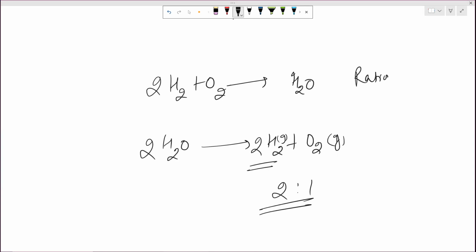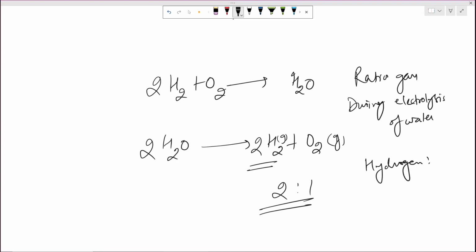Note it down: the ratio of gases during electrolysis of water, hydrogen to oxygen, is 2 is to 1, and it is the ratio of volume.